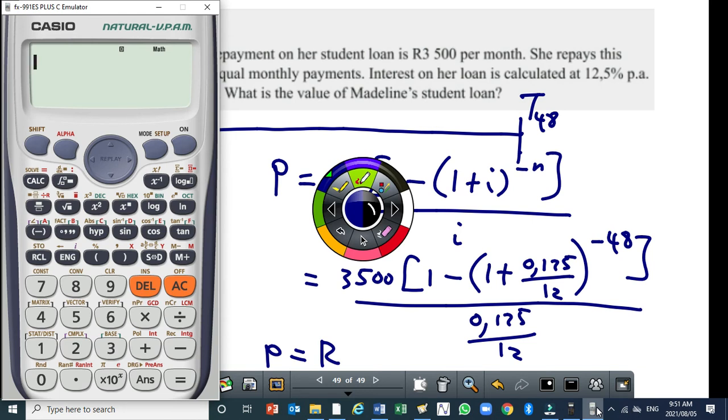If you use your calculator, fraction option first, 3,500, open the first bracket, then I'll put 1 there, minus, open the second bracket, then 1 plus, fraction option, 0.125 divided by 12. Then you close the bracket, raise to the power of negative 48.